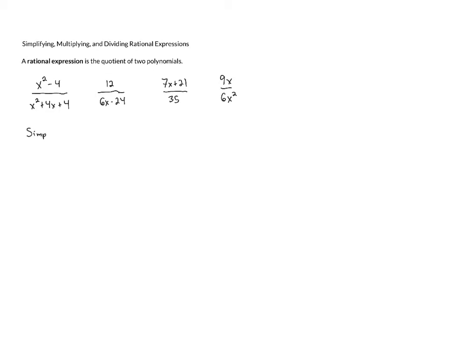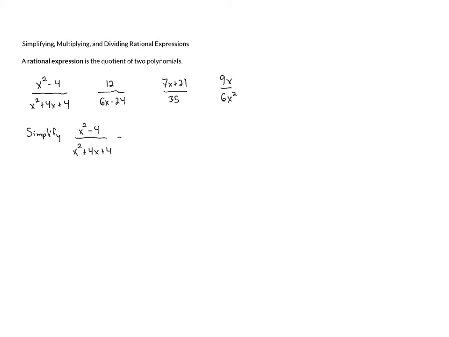Let's simplify x squared minus 4 over x squared plus 4x plus 4. This is a fraction. Certainly it's more complicated than the fractions we saw earlier because there are polynomials in the numerator and denominator.